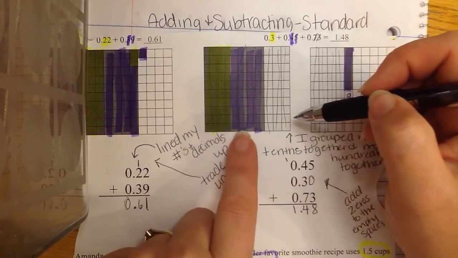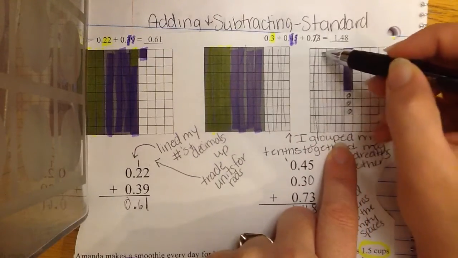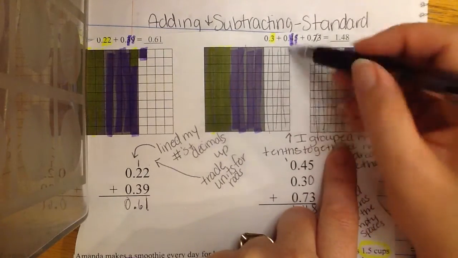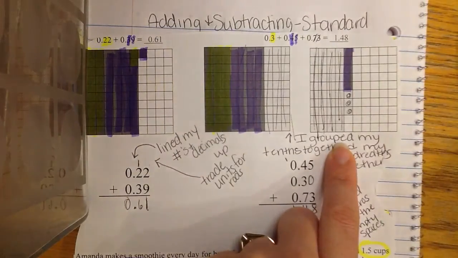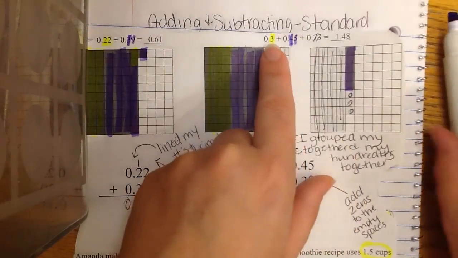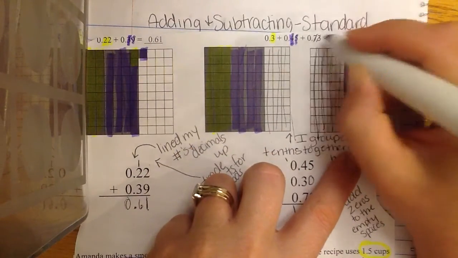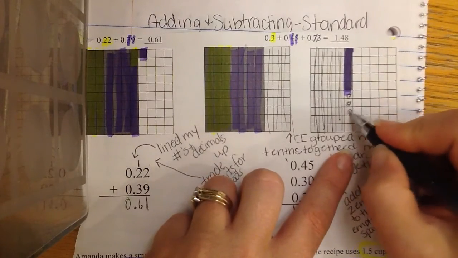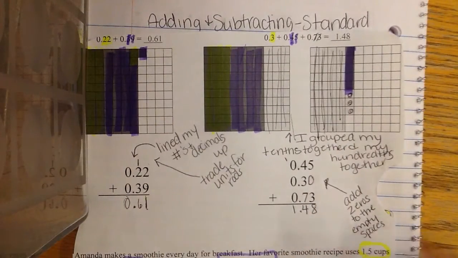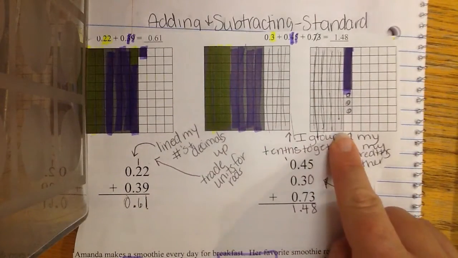I didn't fit enough into this first grid, so I have to spill over to my next. 1, 2, 3, 4, 5, 6, 7. Now it's time for me to add my hundredths. I don't have any. I have 5, 5, and then I have 3. 1, 2, 3. So over here, I have some that fit into one grid and some that fit into another grid.